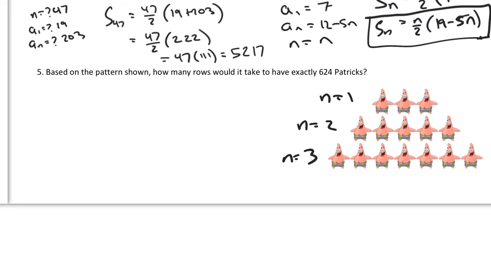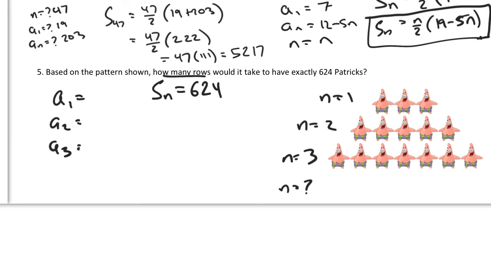And you can figure out how many Patricks are in each row, a1, a2, a3. So you should be able to find a common difference. And we know that the sum is 624. I'm supposed to find out how many rows. n equals question mark would get us there. Pause it, try it out, see what you get.